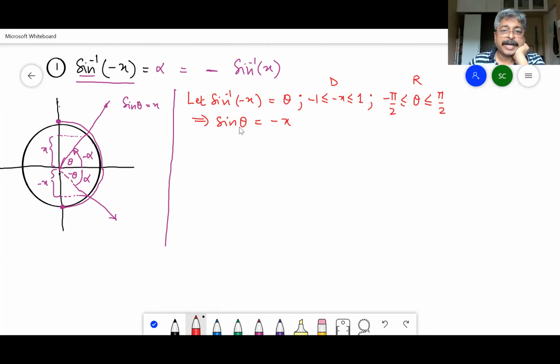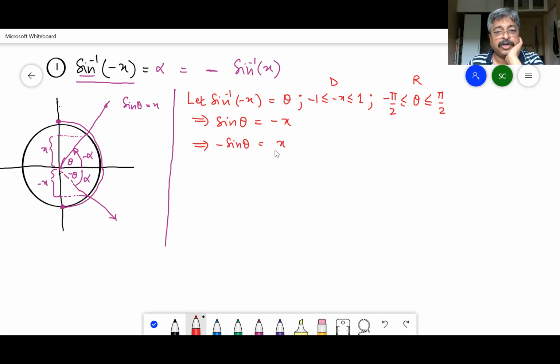Okay, so if I write the second statement, still this is true: sine theta is equal to opposite of x. So now I will change this sign and consider it as opposite of sine theta is equal to x. This is pure algebra.